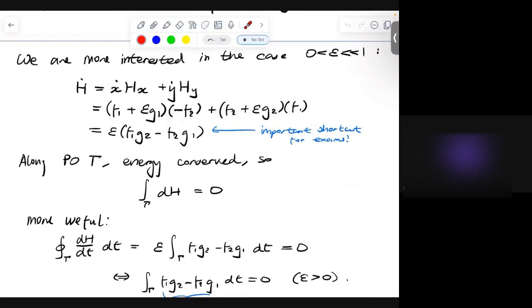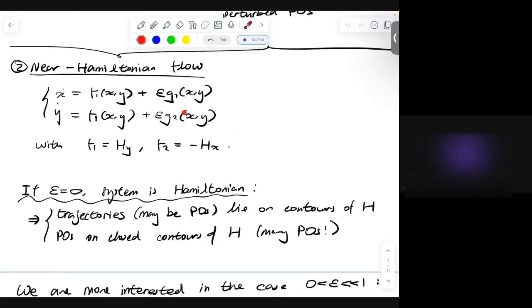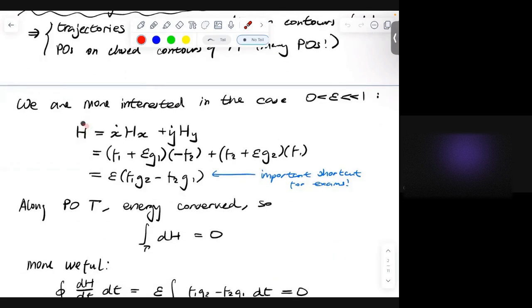Now we would write H dot, the time derivative of the Hamiltonian, as this, where Hx and Hy are the partial derivatives of the Hamiltonian of the system without the epsilon term. So to find Hx and Hy, we're ignoring the epsilon term and treating the system like a Hamiltonian flow. To find H dot, this is H dot of the full system, including the epsilon term.